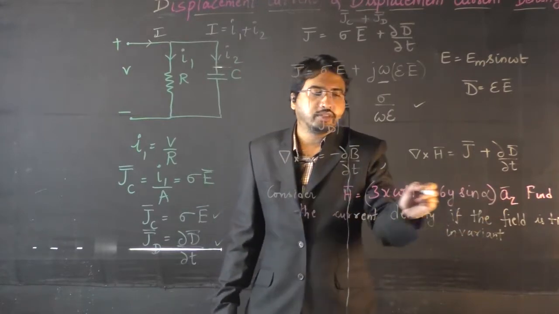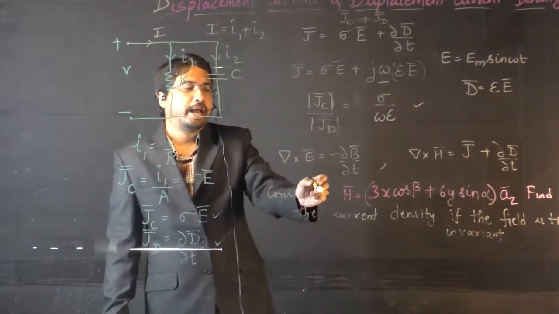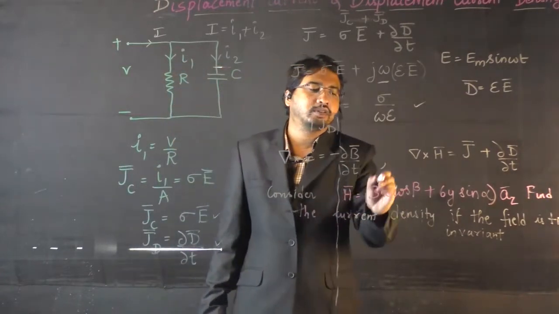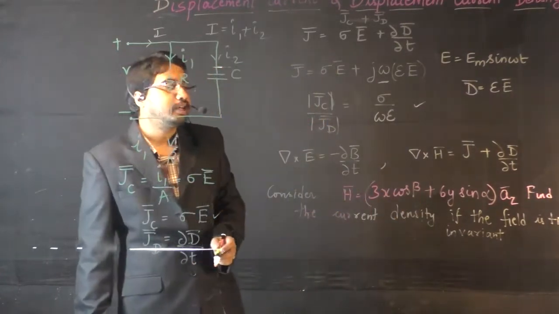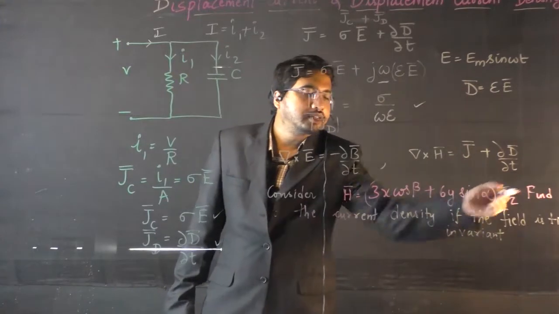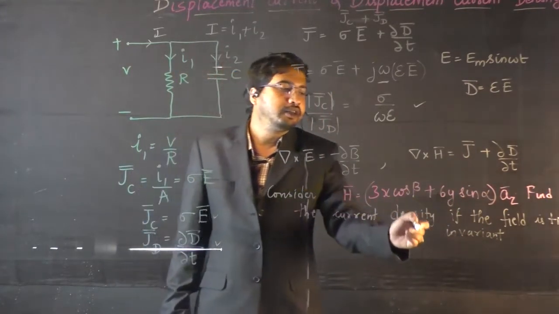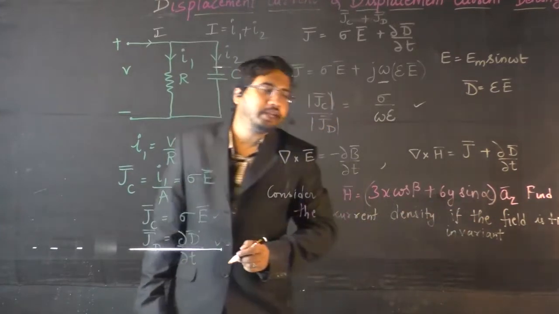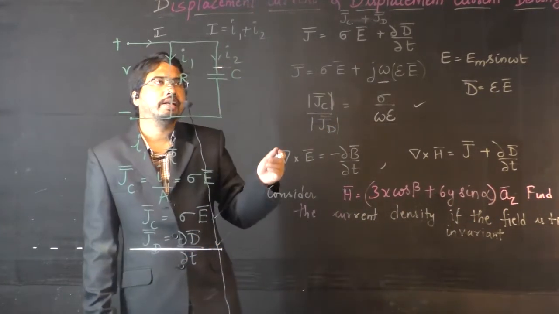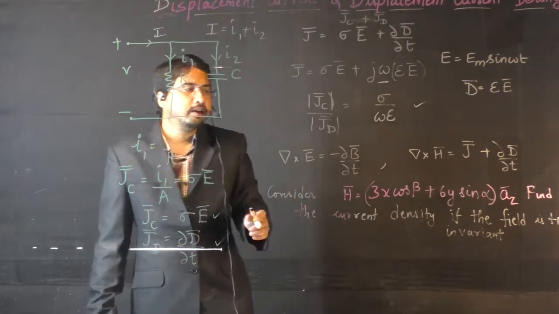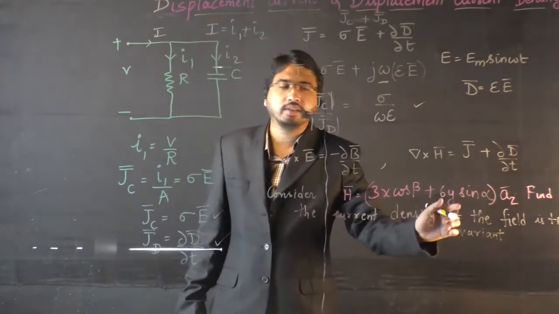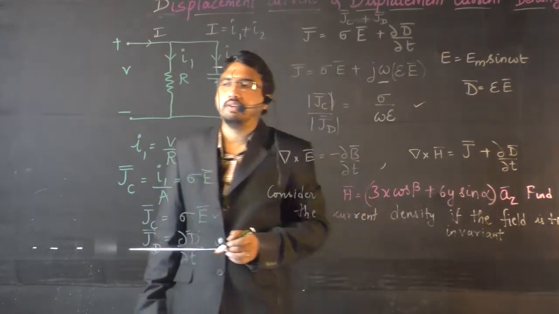So with this information, for magnetic field intensity H bar equal to 3x cos beta plus 6y sin alpha Az bar, they are asking you to find the current density if the field is time invariant. Actually we are studying the time varying fields unit, but for this problem they have given that the field is time invariant.